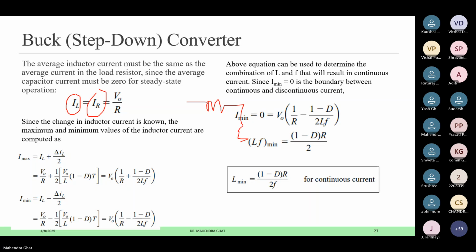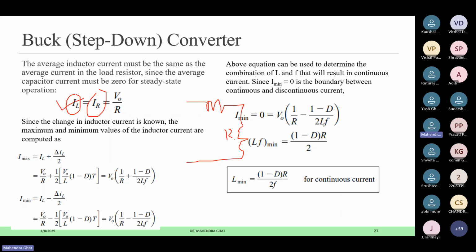Either it will come from the source or through the diode, but whatever the inductor current is, the same current will flow through your load. So the IL average is equal to IR, which is Vo by R, where R is the load resistance. You can consider this as the average inductor current.